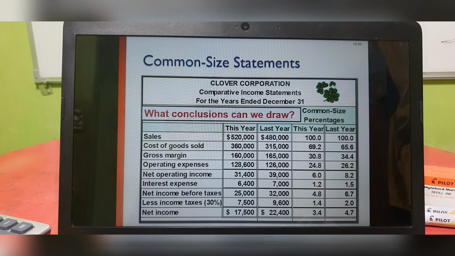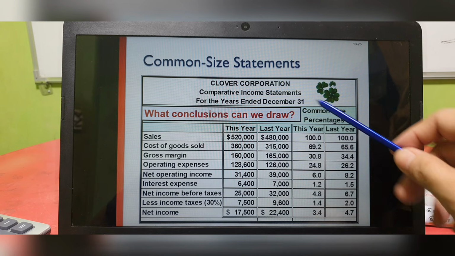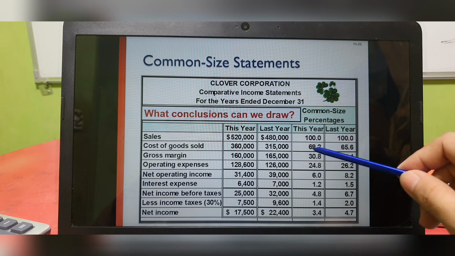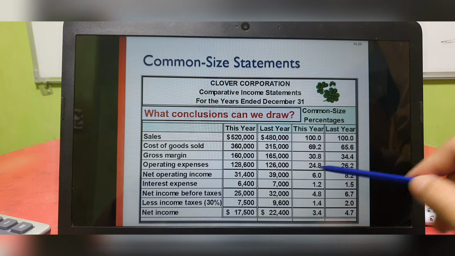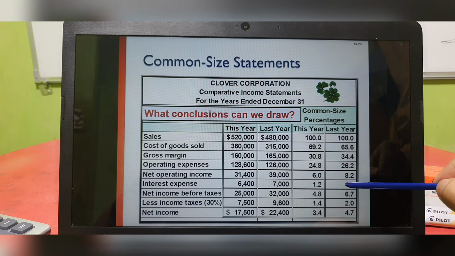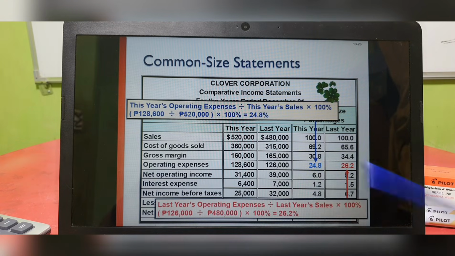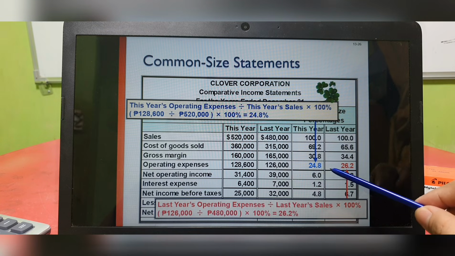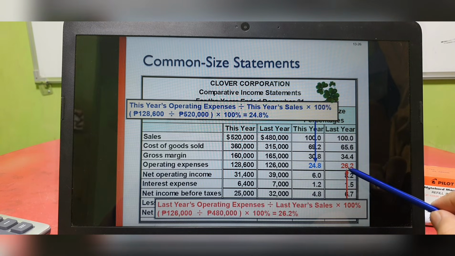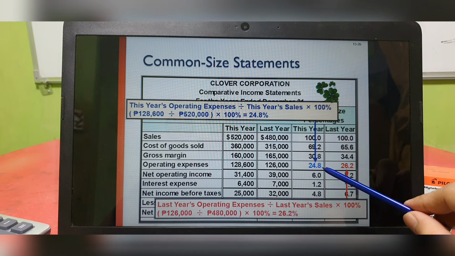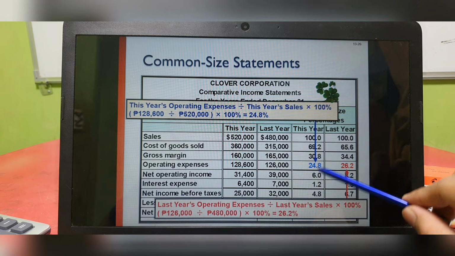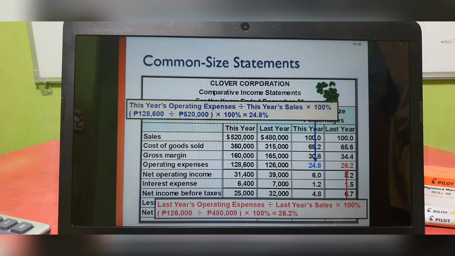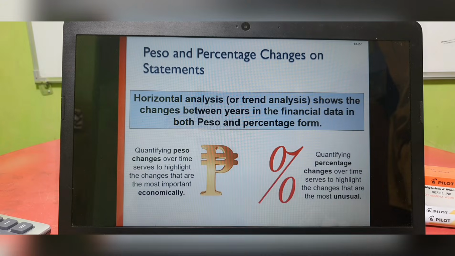Okay, so what conclusion can we draw from here? Makikita natin na if we compare yung mga percentages here, just for an example, ito, operating expense. Last year, 26.2. This year, we improved 24.8 with respect to sales. Alright.